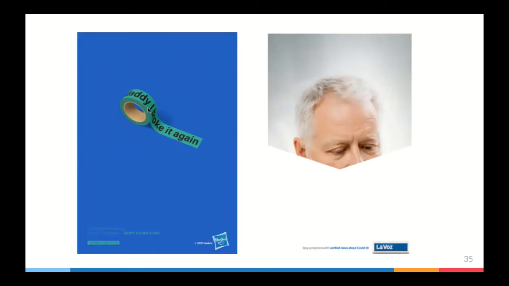And here we have the tape in which is written, "Daddy, I broke it again." This one on the right I found very creative. "Stay protected with verified news about COVID-19 from the newspaper La Voz." And you have this person reading the newspaper, and at the same time it is representing a mask, right?